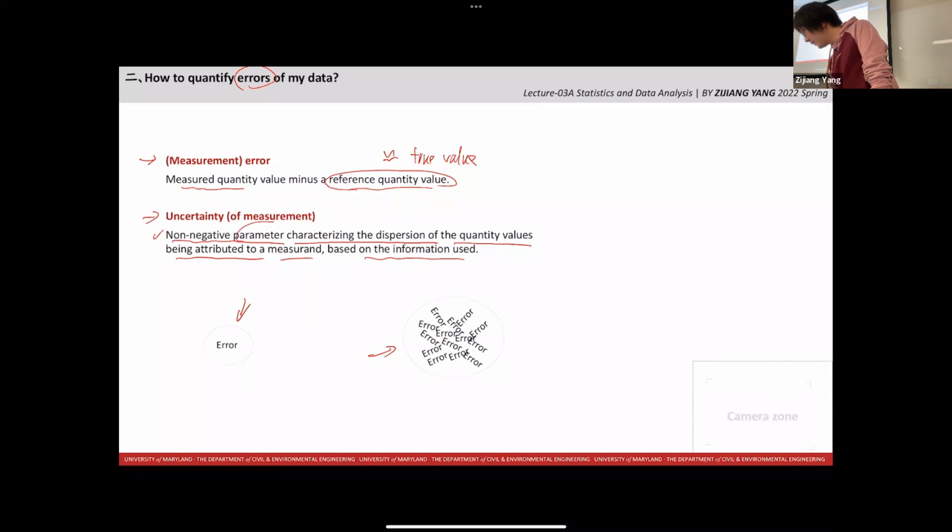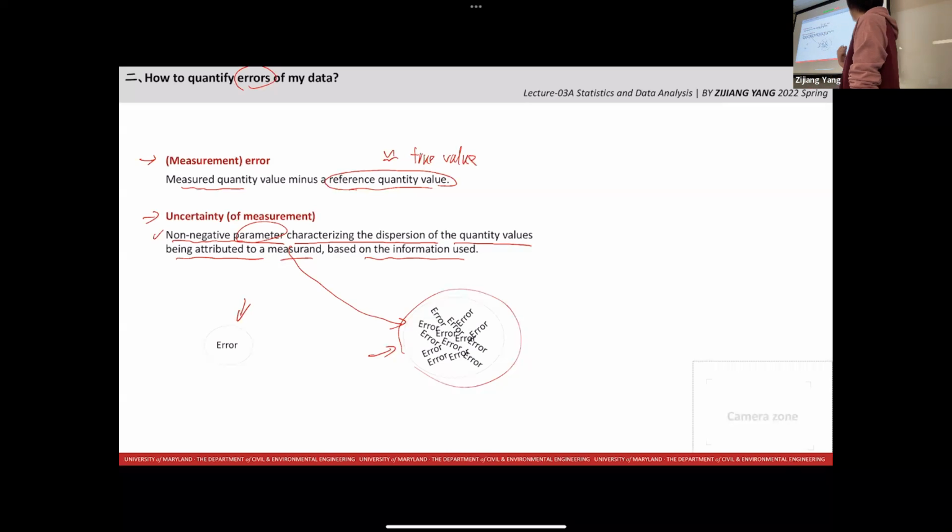It is the parameter that can describe all of the errors put together. In practice, sometimes we may say error or uncertainty interchangeably, but it's good to know they have a little bit of difference.